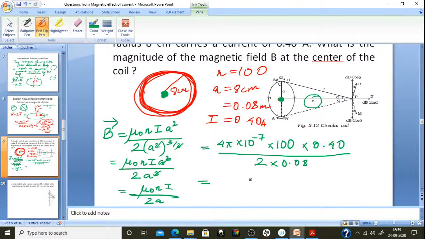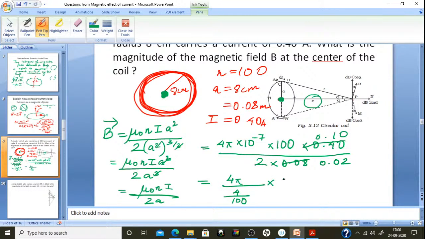So now cancel things here. If I cancel here, 0.10, 0.02. Now the 4 pi here will become 4 by 100, since the denominator 2 into 0.02 is 4 by 100.